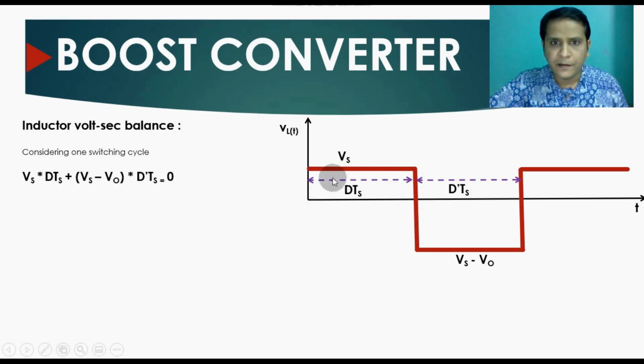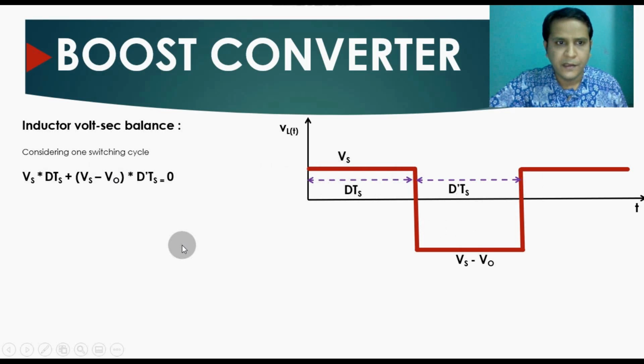If you apply volt second balance for inductor, this is Vs multiplied by DTS plus Vs minus VO multiplied by D prime times TS. Okay, this is what I have written here. This comes from the sum of the area under the curve, that means this here and here.